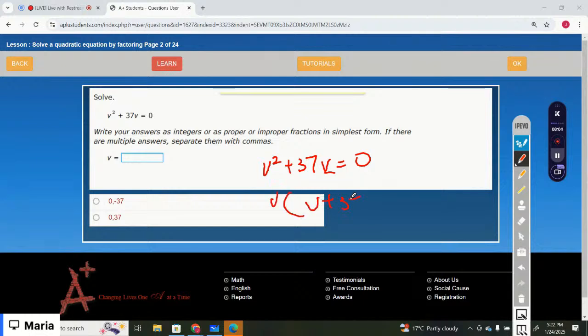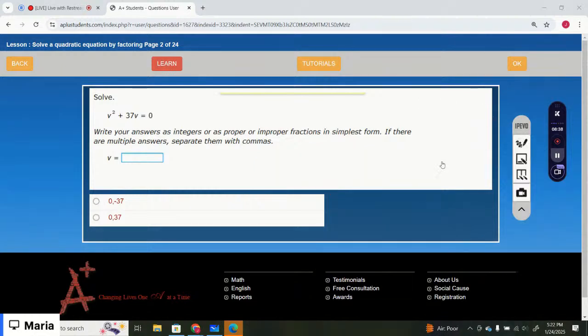So you are left with V plus 37 equals 0. So according to the zero product property, either V is 0 or V plus 37 is 0. So that is V equals negative 37. So the correct option is 0 and negative 37. Option number 1 is the correct option.